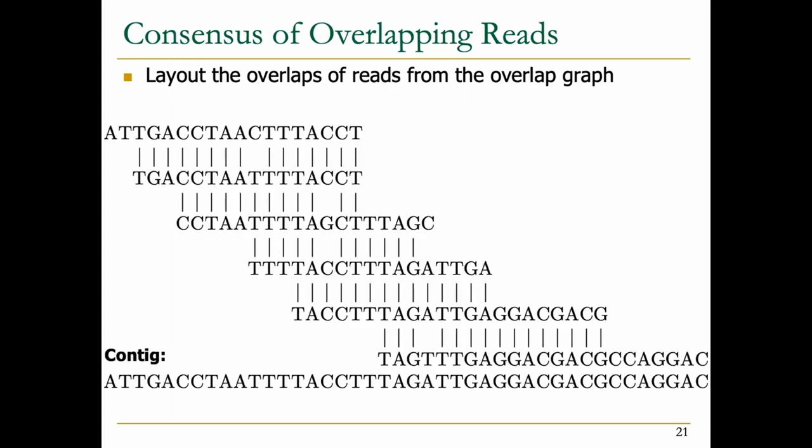When you do the layout, it maybe looks like this. For example, this is the very early node, and then there's a connection between this and this, and then this and this. Once you do the layout, it will look like this. So the question is, how do we generate the assembly from all these connections? A very simple answer is to take the consensus.